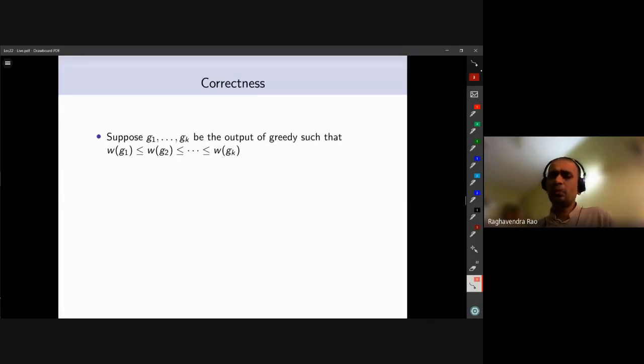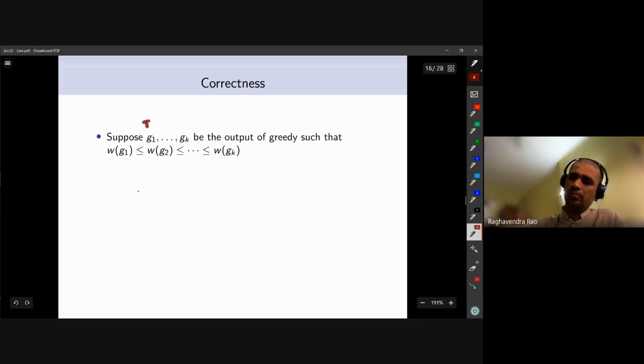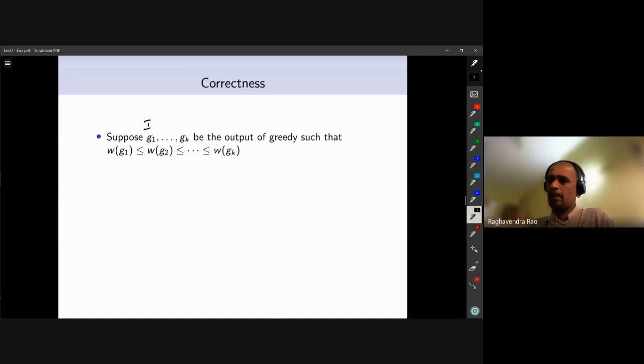To prove correctness, let's assume that the output of the greedy algorithm is G1 to Gk, so the output I is G1 to Gk. Their weights are in ascending order, let's suppose.